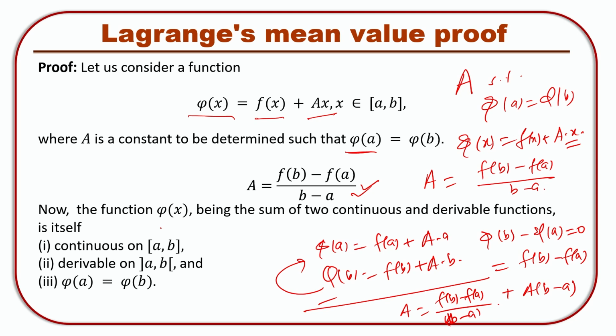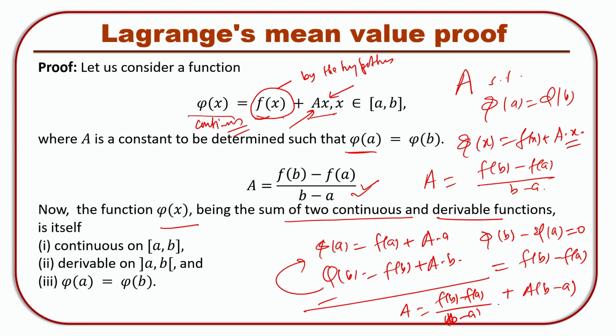Now the function phi(x) is the sum of two continuous functions. f(x) is a continuous function by the hypothesis, x is a continuous function, and A is a constant function. Therefore, the sum of the functions, phi(x) itself, is going to be a continuous function, and similarly a derivable function.